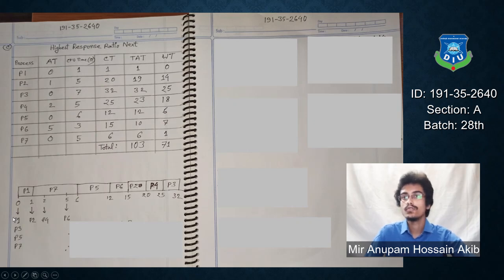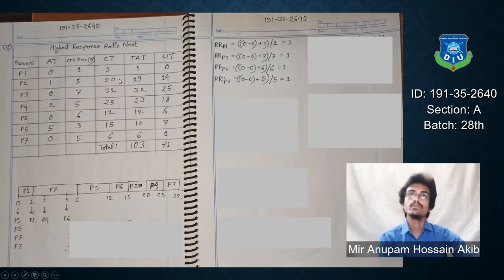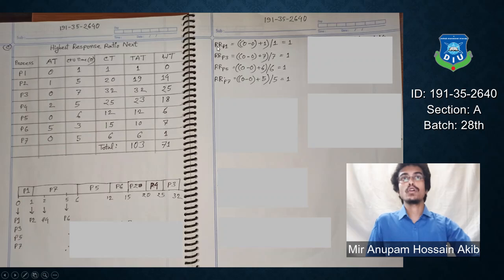But the problem here is that 4 processes have come, so we have to find the response ratio for each process and then take the process which has the maximum response ratio. If we find the response ratio for P1, P3, P5 and P7, we get 1 for each process.